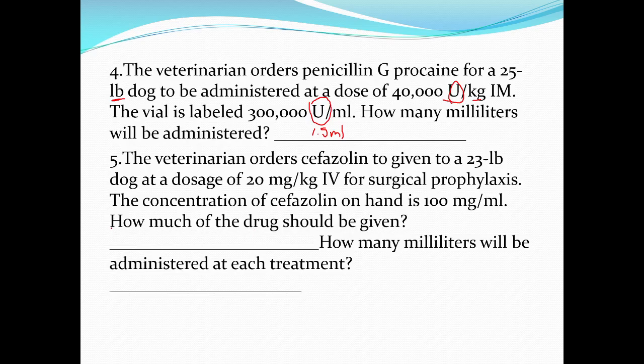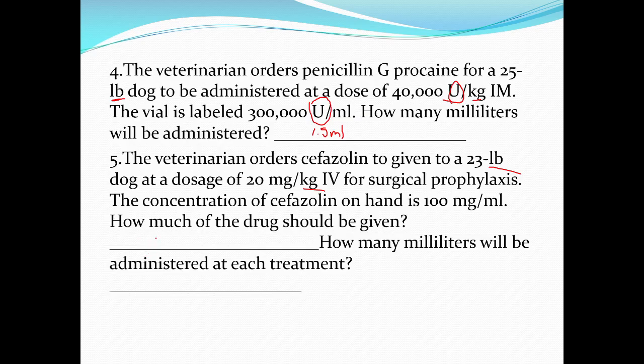Cefazolin, 23-pound dog, pounds to kilograms, 20 mg per kilogram. So 23 divided by 2.2 times 20 is 209. The concentration is 100, so divide 209 by 100, you get 2.09.